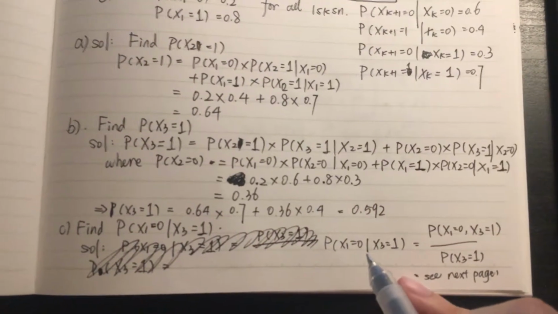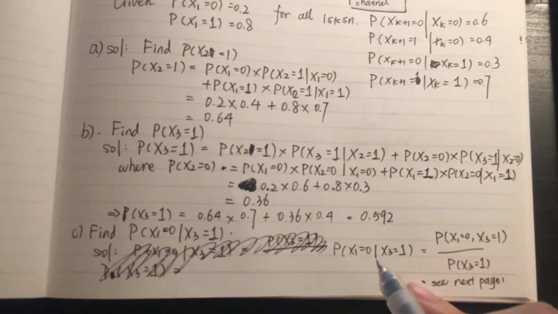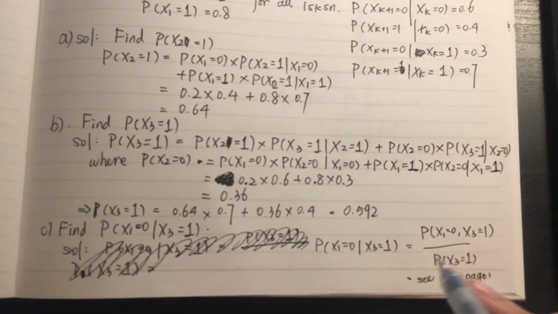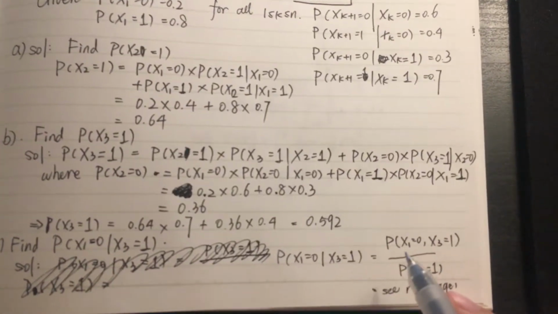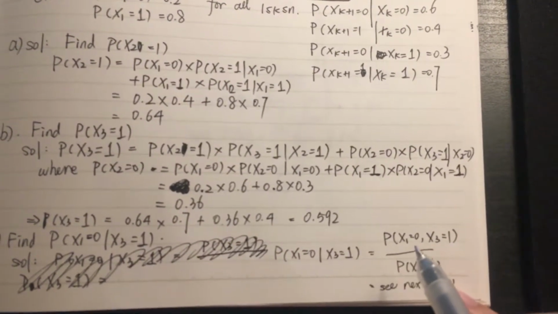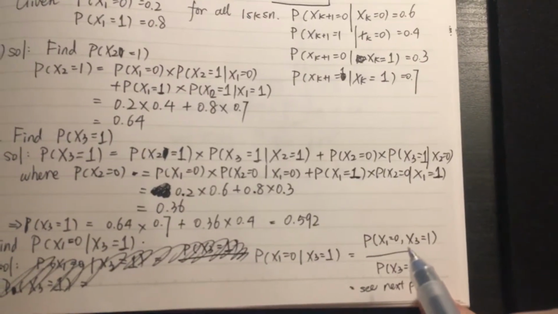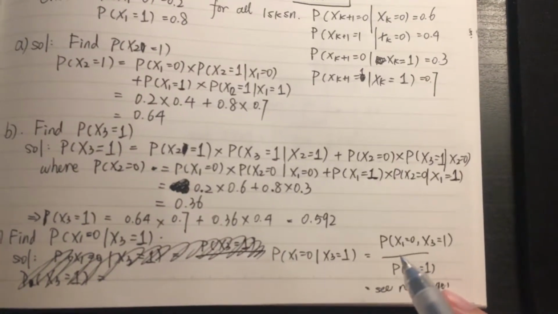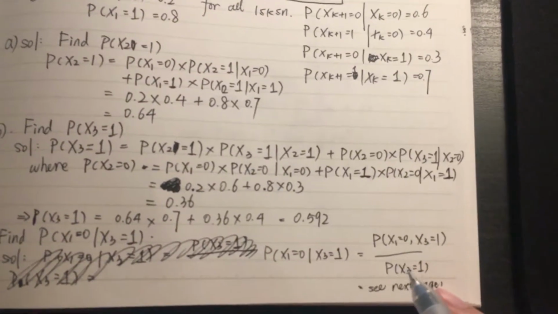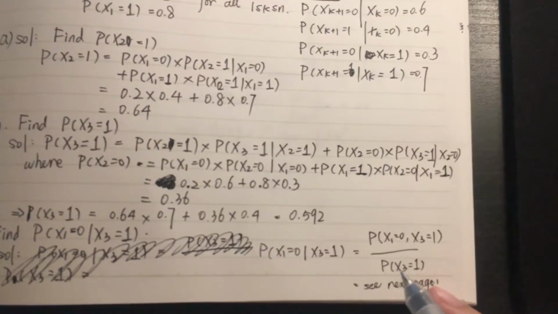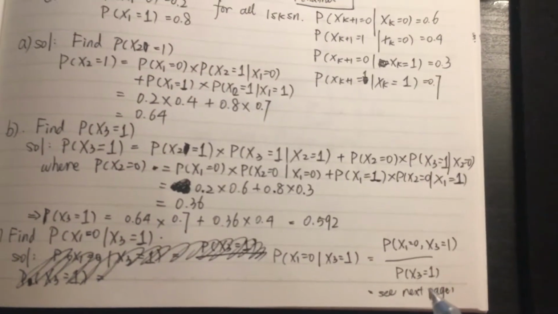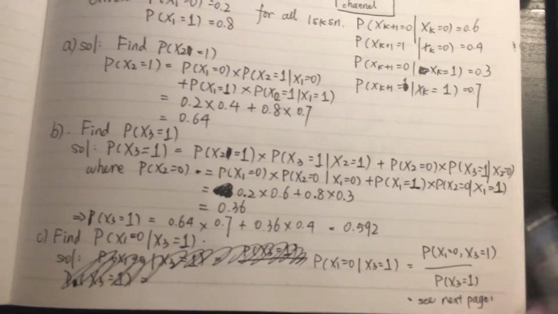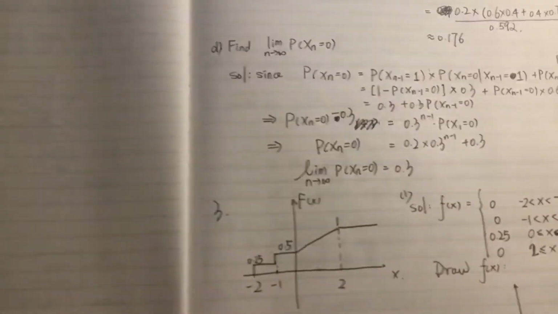According to the properties of conditional probabilities, we can rewrite this as the probability that x1 equals 0 and x3 equals 1 at the same time, divided by P(x3 = 1). In this case we can get the probability we are asked for.